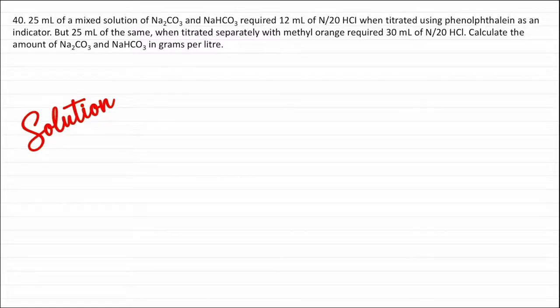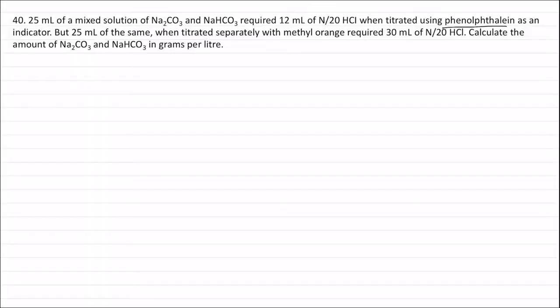When the titration is done using phenolphthalein as indicator, the reaction will be Na2CO3 plus HCl forming NaHCO3 plus NaCl. Now equivalents of sodium carbonate that reacted with HCl will be equal to the equivalents of HCl.